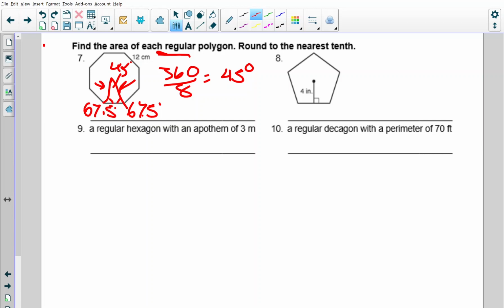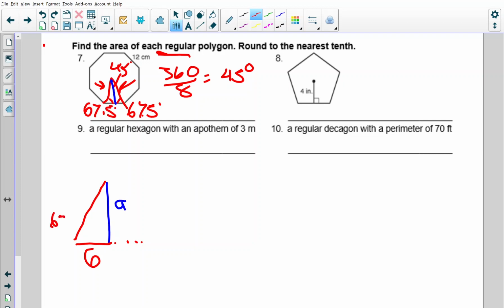We know that we have to drop that apothem, which is that straight line like that. So what we now have is our apothem, this distance, and that distance, which we know has to be half of 12 because they're the other half. So this is 6.